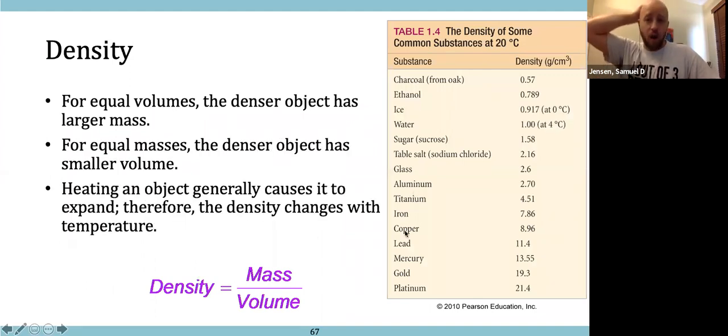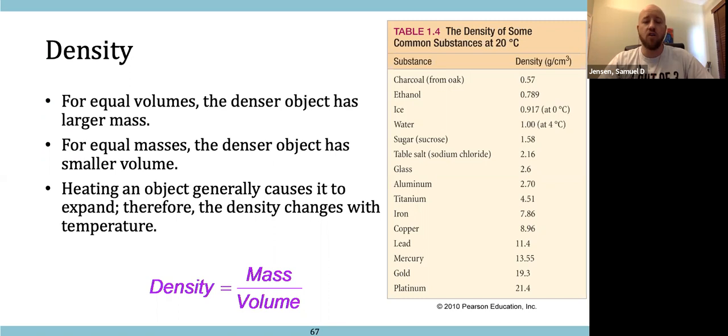Density is a physical property. As we talked about last night, various pure substances will have a unique density. If it is pure iron, it will have the same density as any other pure iron sample. But if we make a mixture, water has a density of 1 gram per milliliter, but as we're going to find tomorrow in the physical properties lab, when we put salt in there, that changes the density of the water.